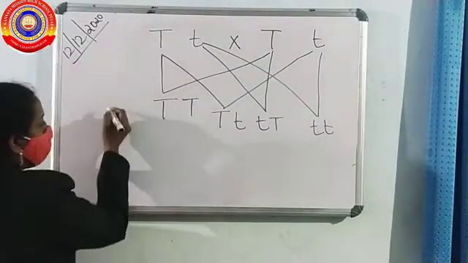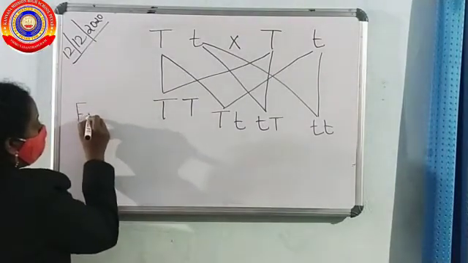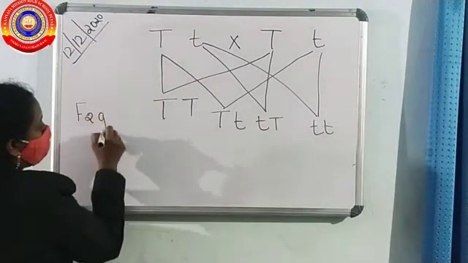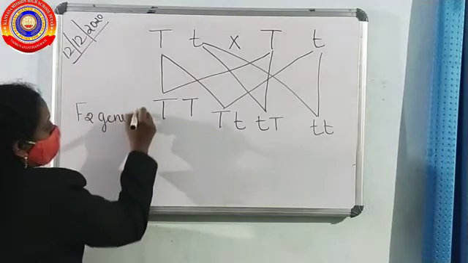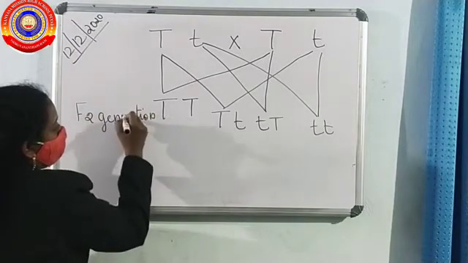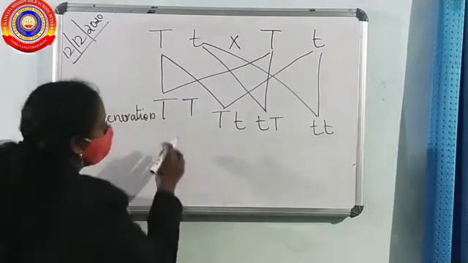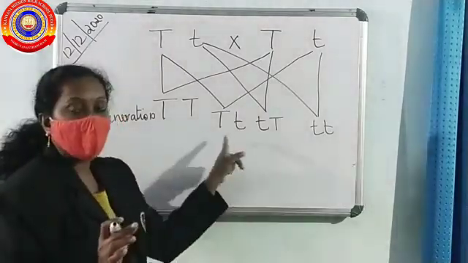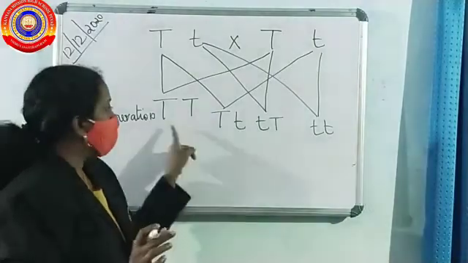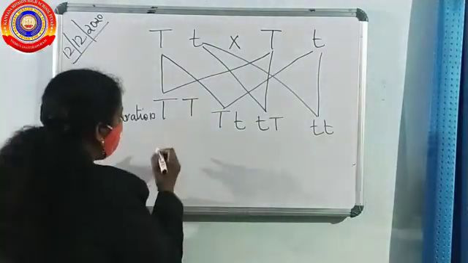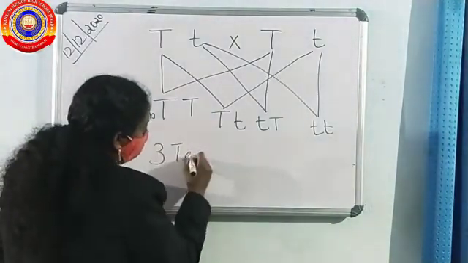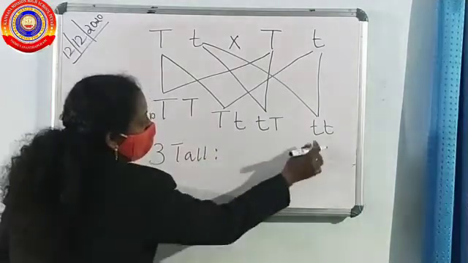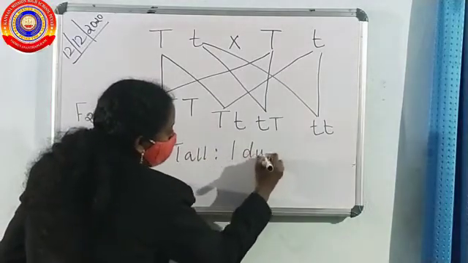We can address it as F2 generation. So in the F2 generation, the result we got is, look here, capital letters are there. So we got 3 tall and 1 dwarf.